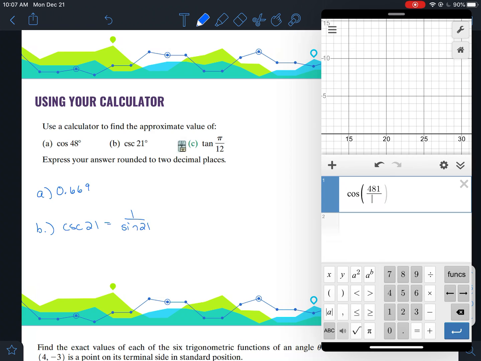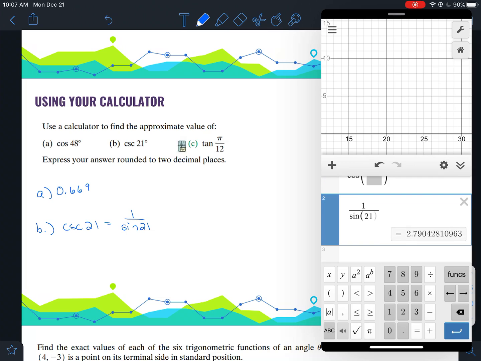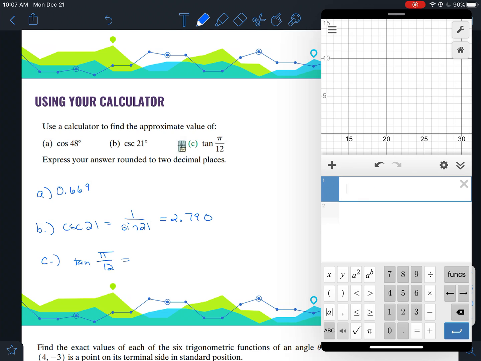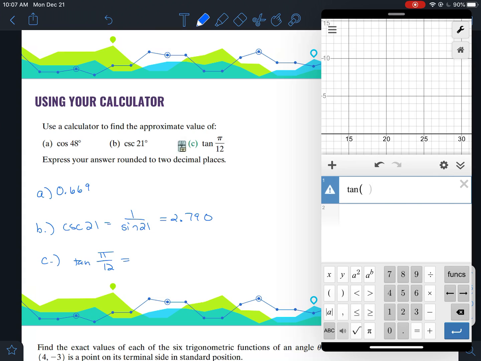If you wanted to do the cosecant at 21, well, cosecant is 1 over the sine. So we're going to do 1 over the sine of 21 degrees. So we'll do 1 divided by, and then we'll do the sine of 21 degrees. And you get 2.790. And then if we want to do the tangent at pi over 12, so now we are in radians.